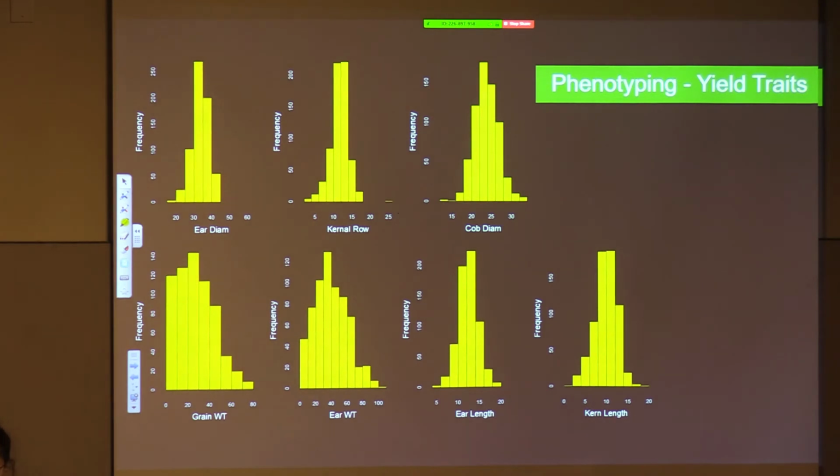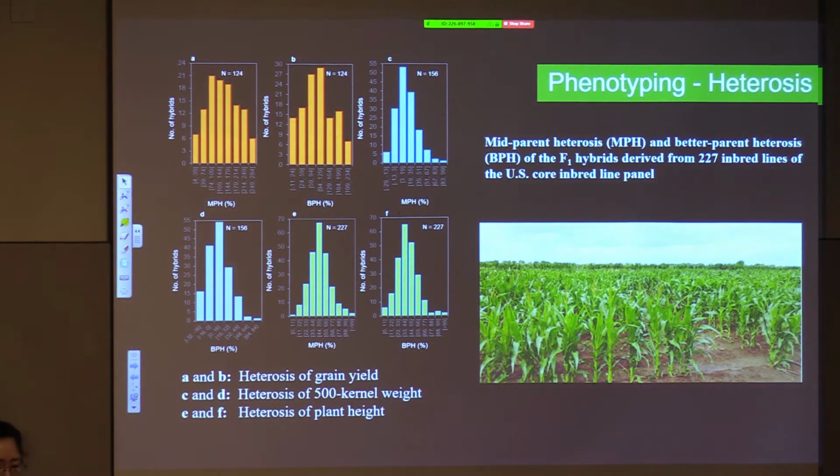We first phenotyped these 7 traits for the yield traits. Most of the traits show a normal distribution except grain weight and ear weight, which show a slightly skewed distribution. In 2018, we also collected the heterosis phenotypic data.